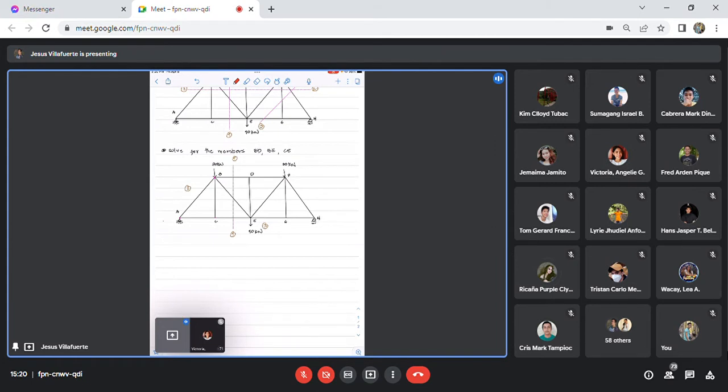So I am assuming this is the horizontal and then upward. Let's have it as AY and then AX. And at point H, how many support reactions do we have? Only one, the vertical.